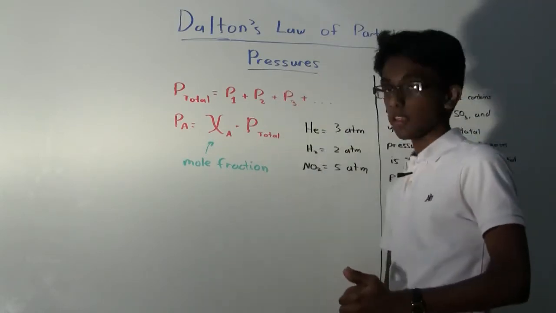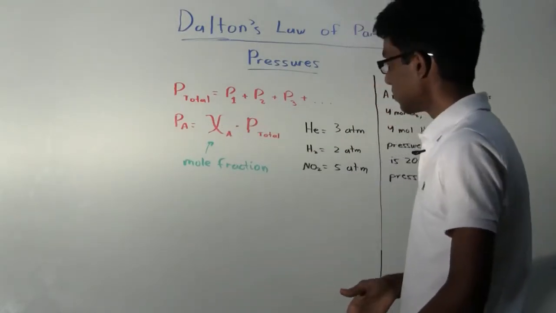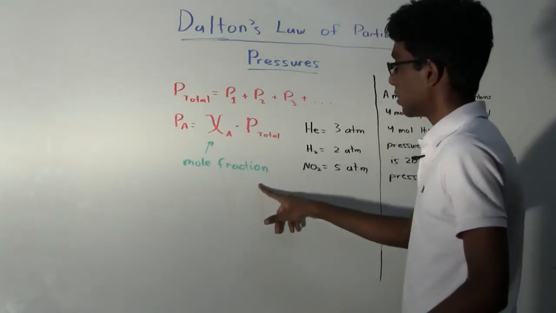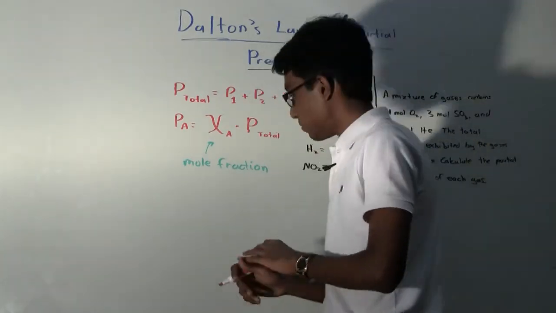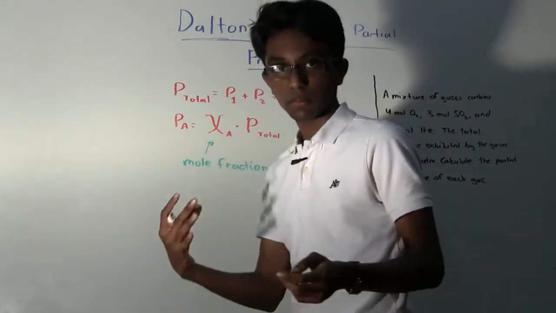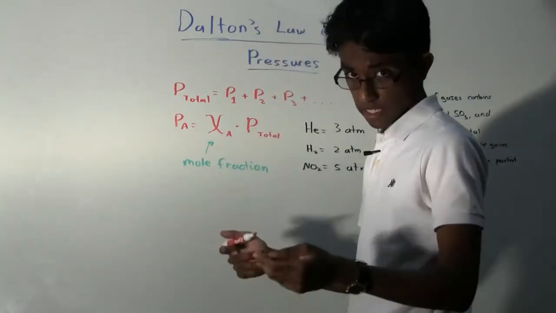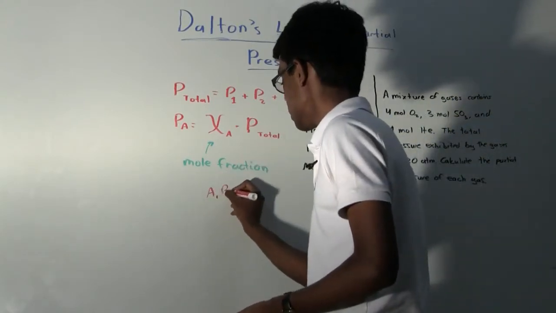The second part says that if you want to find the pressure of an individual gas in the container, then we look at what is called the mole fraction. The mole fraction for anything is the moles of whatever that specific gas you're looking at. So let's say we have a mixture of A, B, C, right?